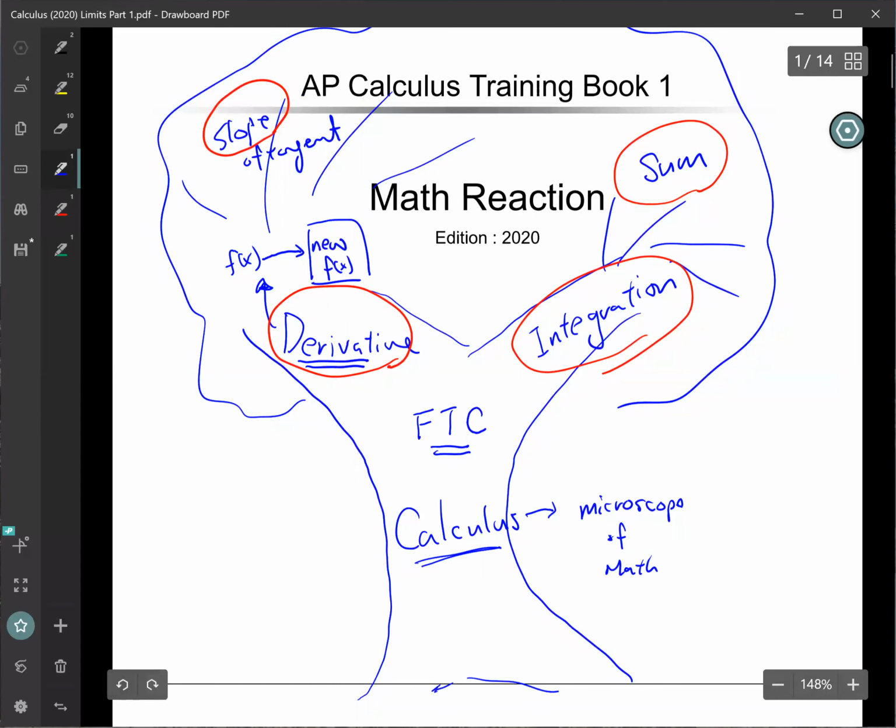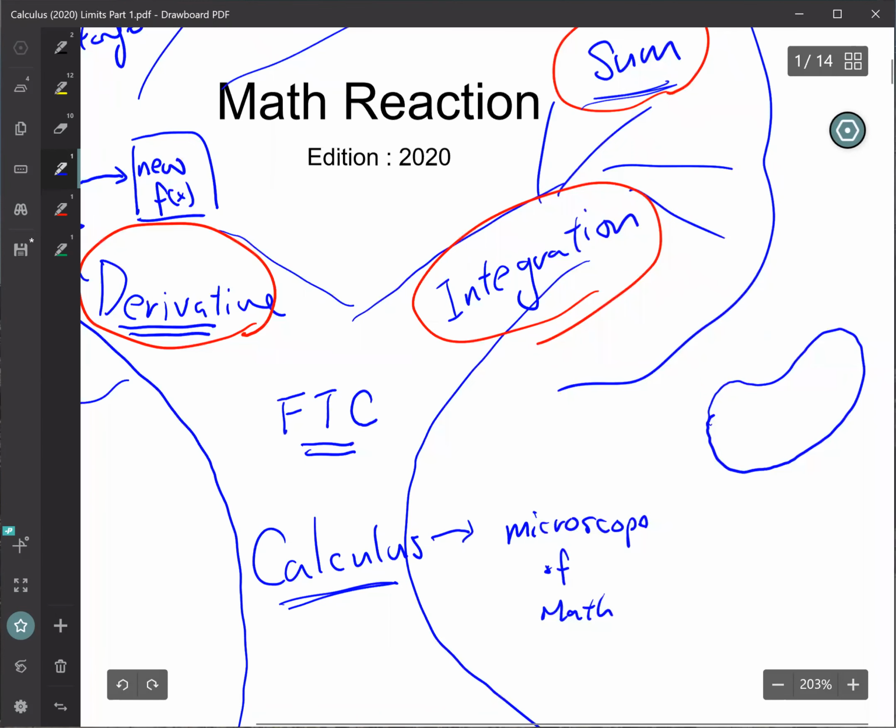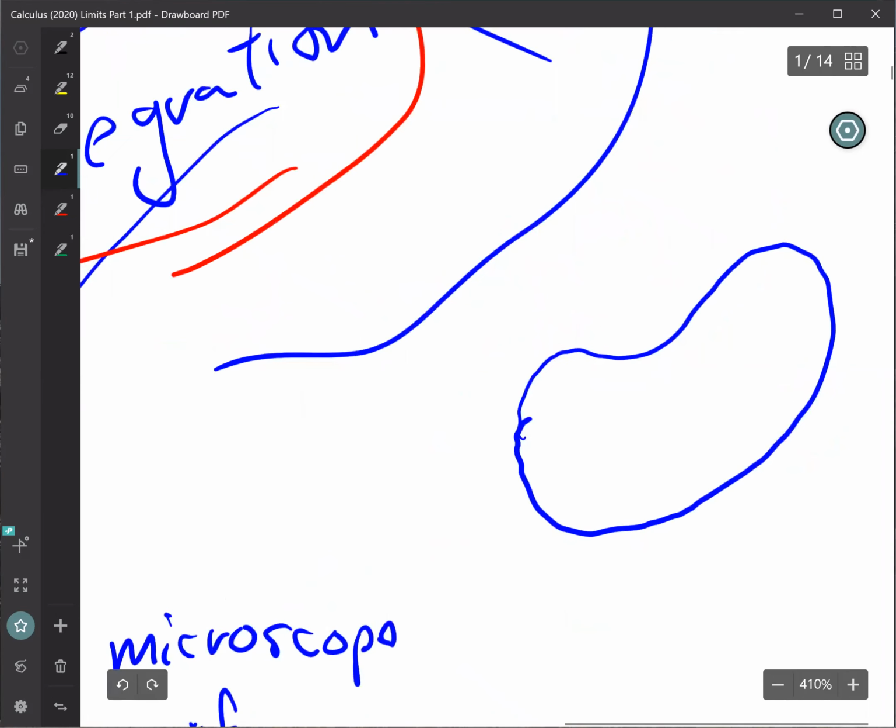For example, if you want to find the area of this weird peanut shape, then what calculus does is you zoom in and start adding up little lines together. Each line is changing in length.